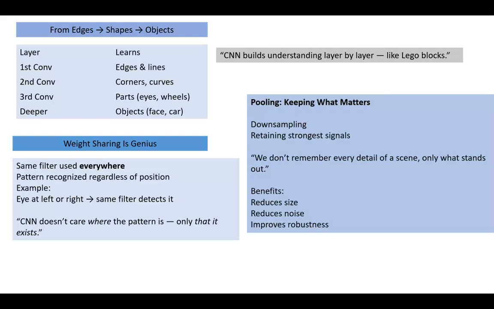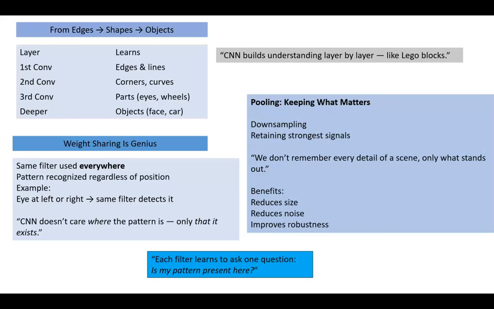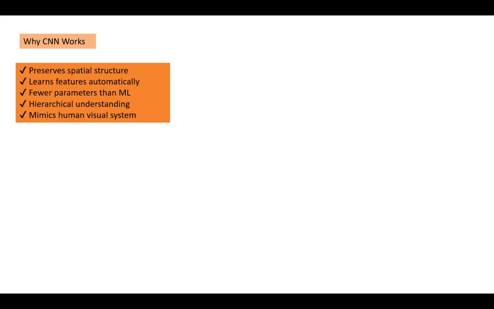Pooling does exactly the same. The benefits of pooling: it reduces the size, reduces the noise, and improves robustness. Again, the filter learns to ask the question again and again, is my pattern present here? If it is present, then the pattern is converted to meaning.